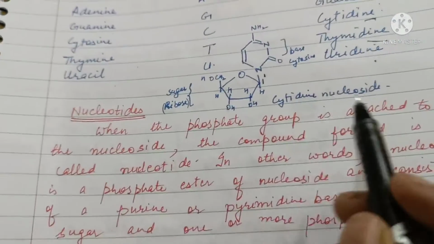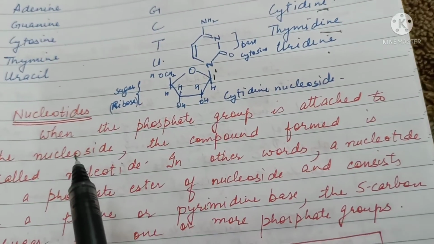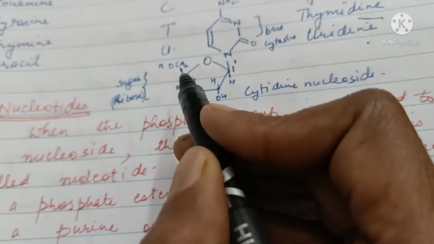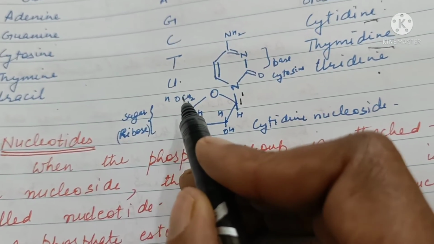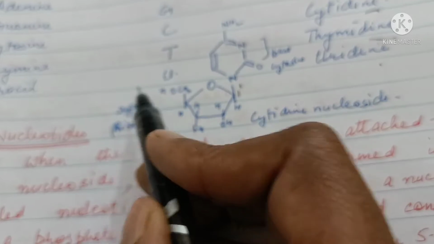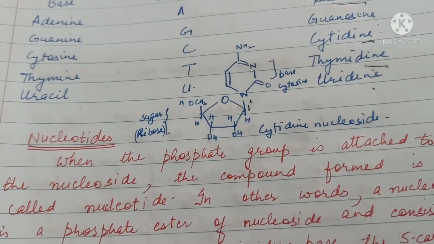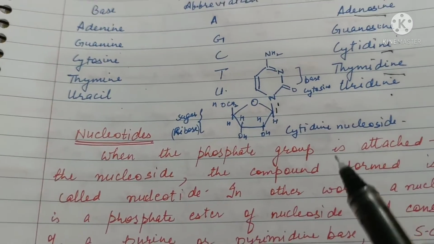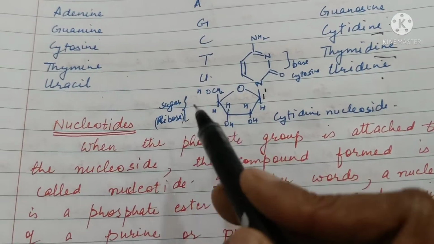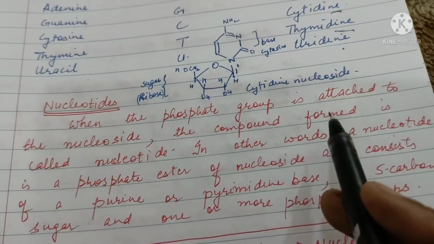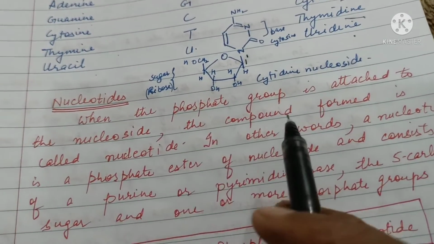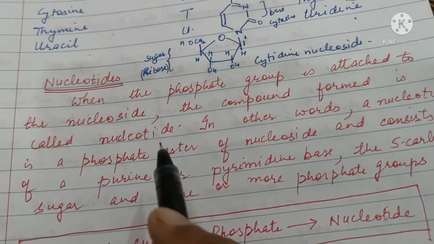When the phosphate group is attached to a nucleoside, it will be attached on the 5th carbon atom here. The OH of the 5th carbon will get attached with the phosphate, and we get a nucleotide. Nucleoside will combine with phosphate to form a nucleotide.